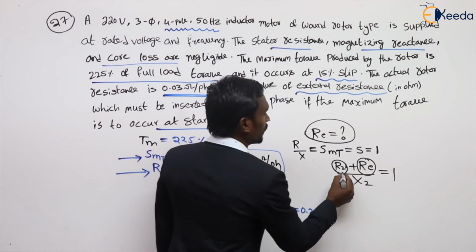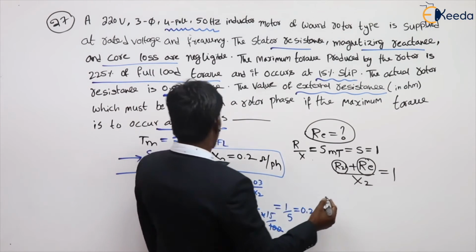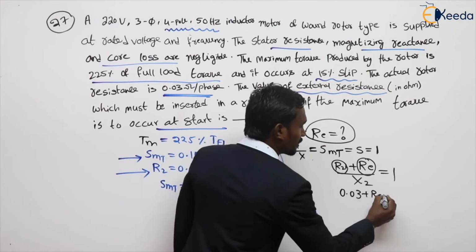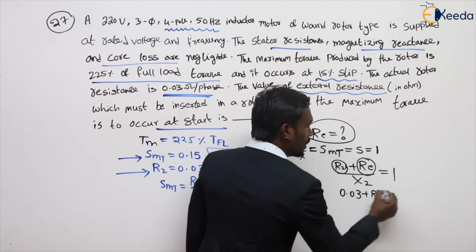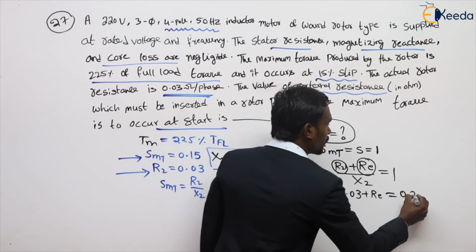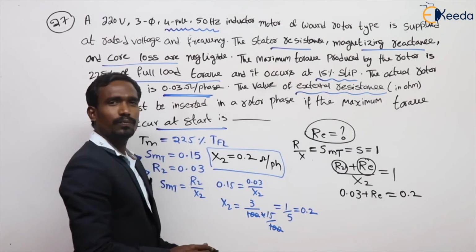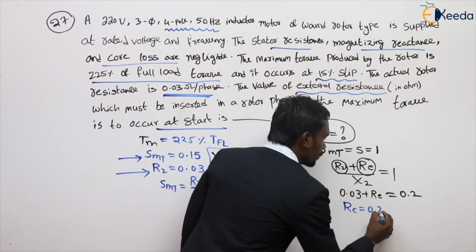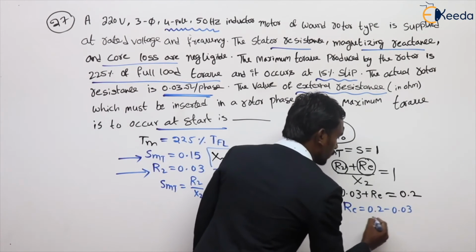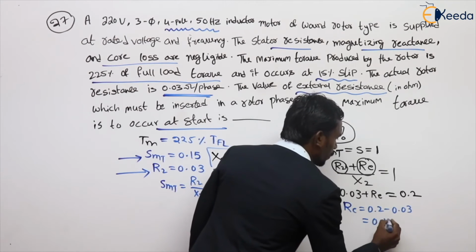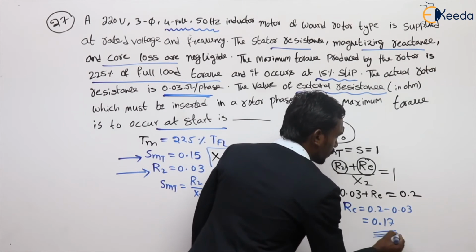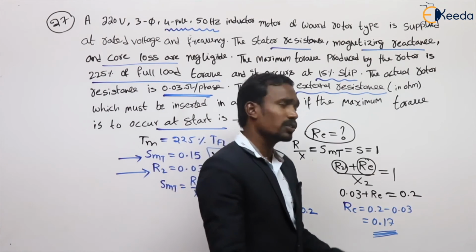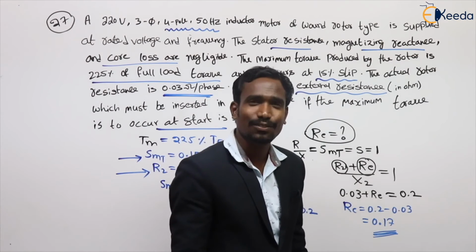Now tell me, what is rotor resistance? Rotor resistance 0.03 plus external resistance is equals to X2, X2 is equals to 0.2. So the external resistance is equals to 0.2 minus 0.03, that is equals to 0.17.